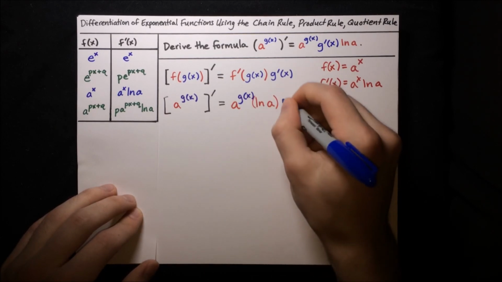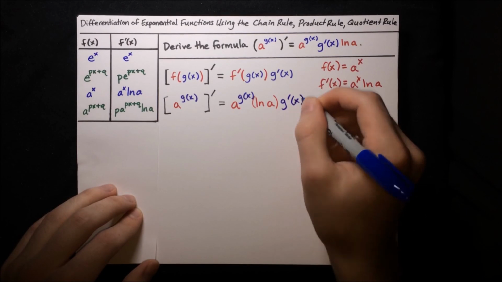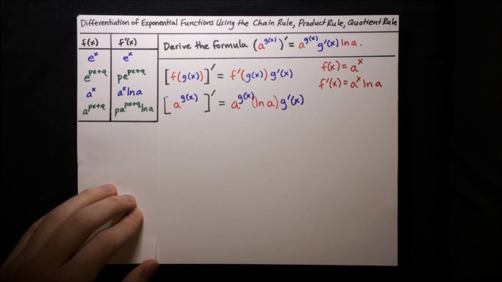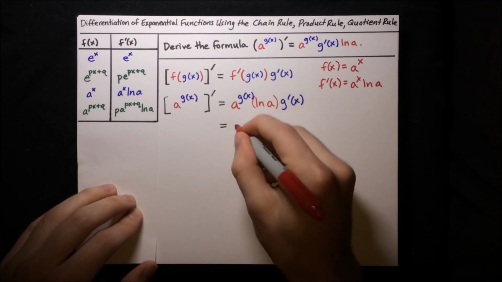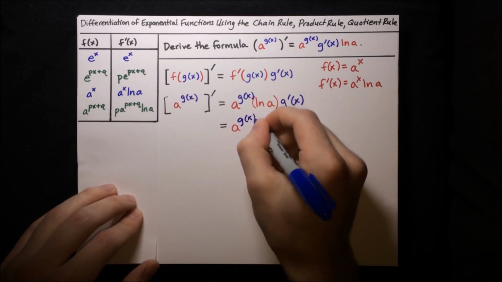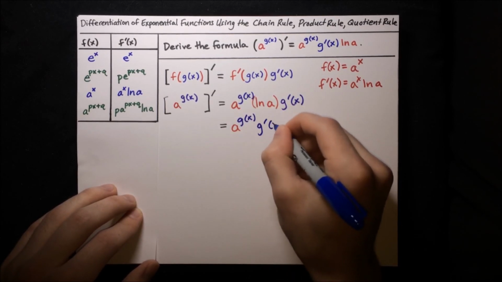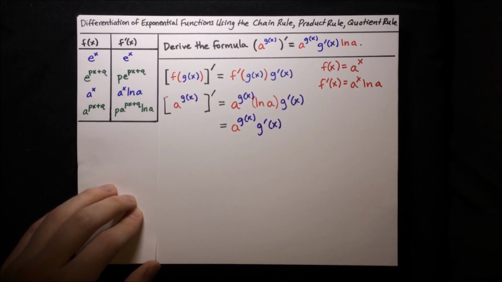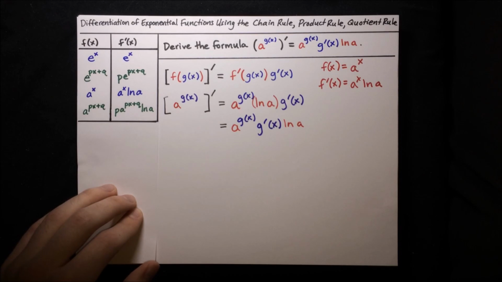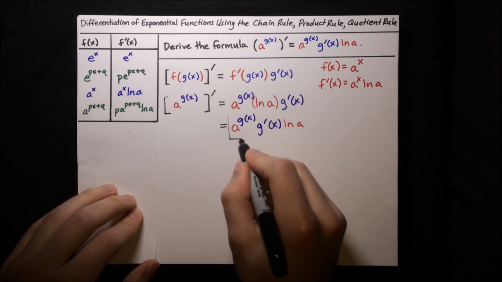So times g prime of x, and then all we have to do to get there is swap these two terms in the product. It's pretty straightforward. So now we just write it out once more, a to the g of x, then times g prime of x, then times natural log of a. And we're done. There we go. That's how we derive it.